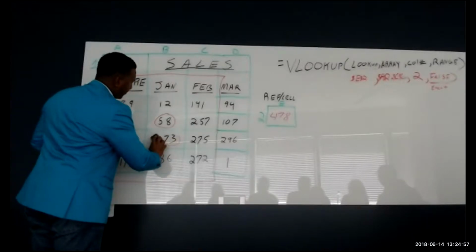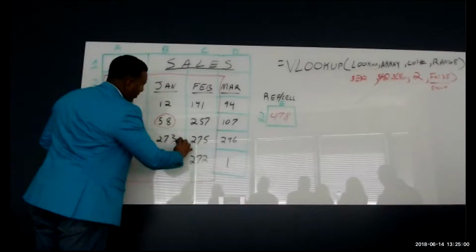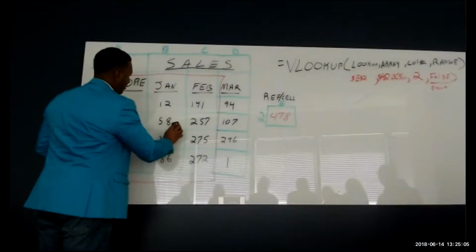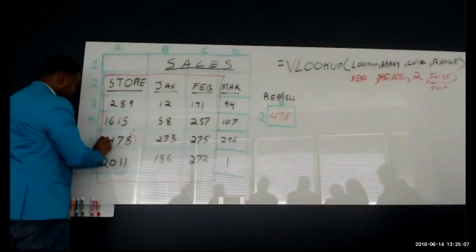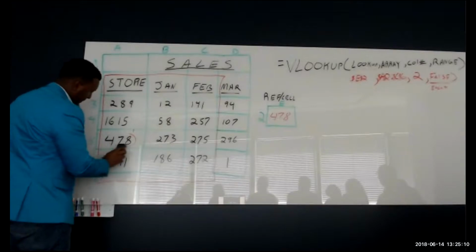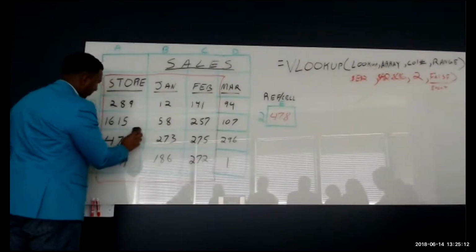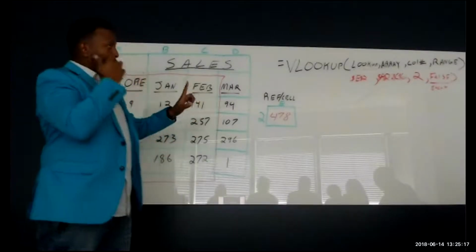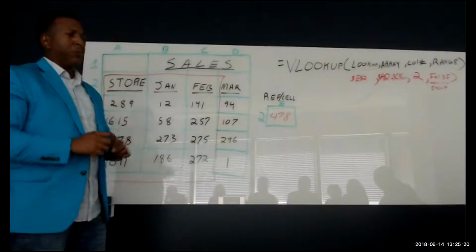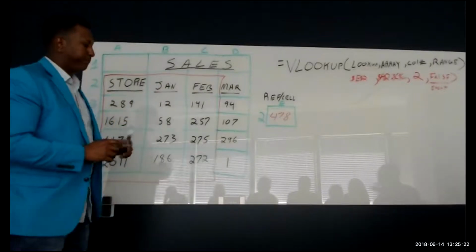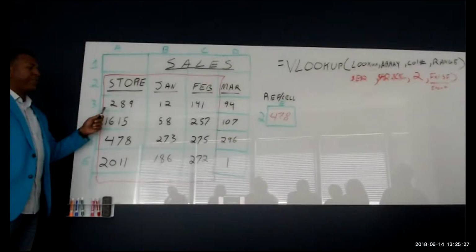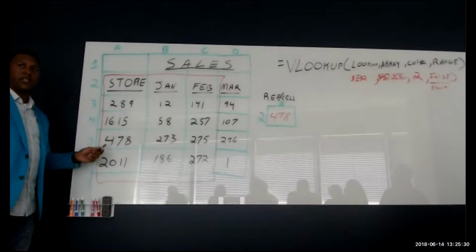So HLOOKUP. The H in HLOOKUP stands for horizontal. Horizontal is left to right versus vertical, which was up and down. Before I move on to HLOOKUP, let's go back 1 second. One of the things about a VLOOKUP, HLOOKUP, and index match is that you have to have a unique data set in terms of what you want to find.